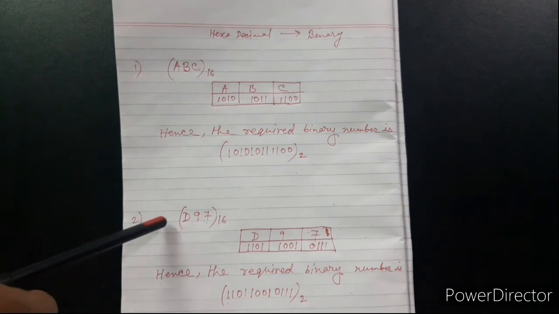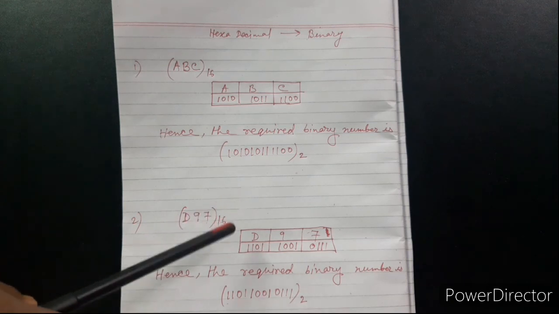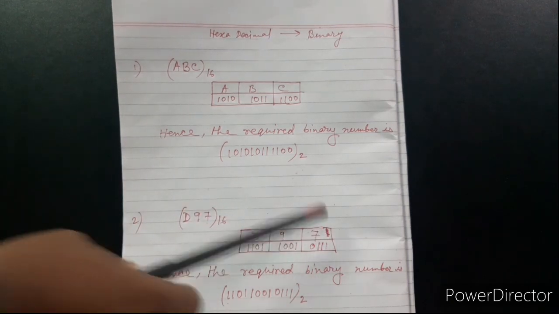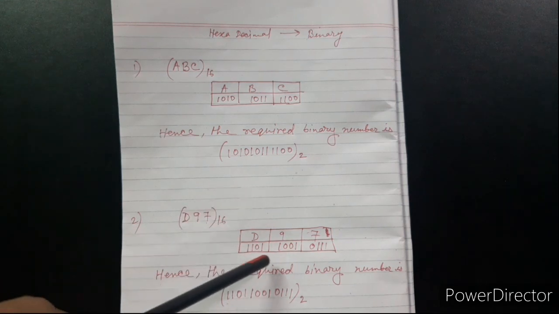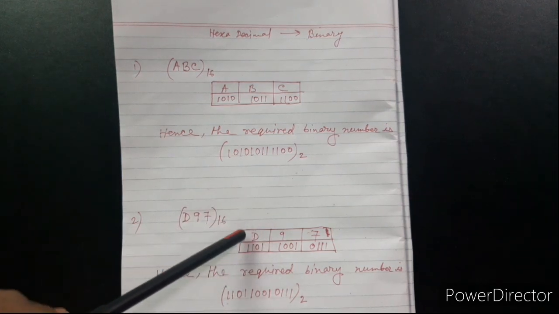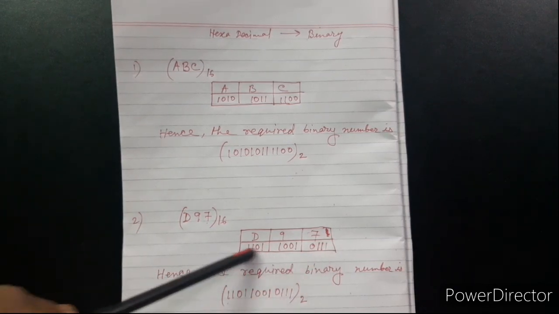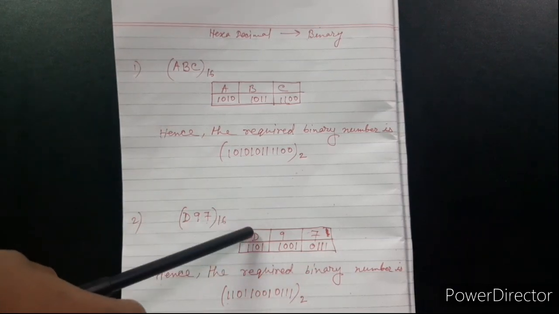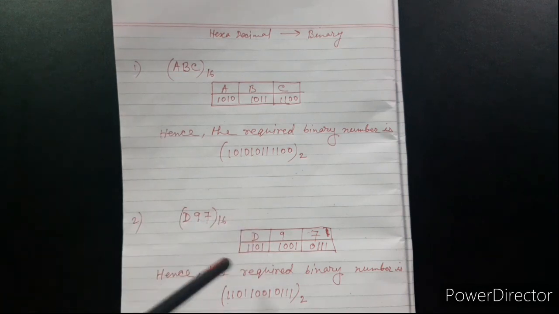Now the next example. The hexadecimal number is D97. We just write the digits here and write its binary 4-bit equivalent in this row. The binary equivalent of D is 1101.